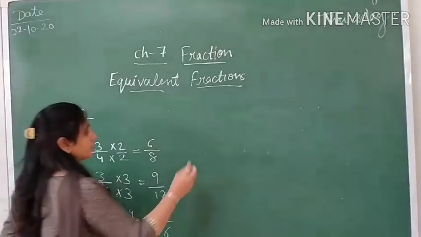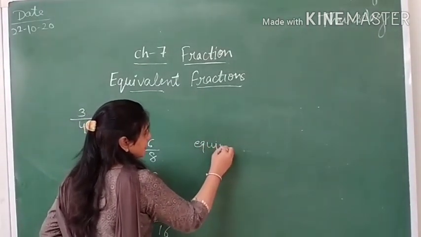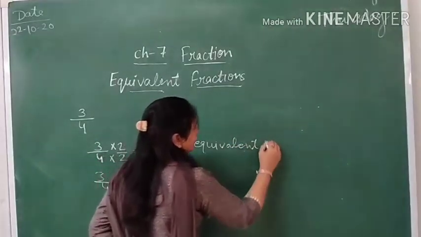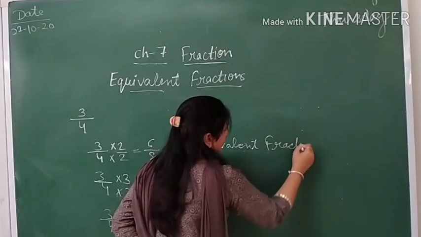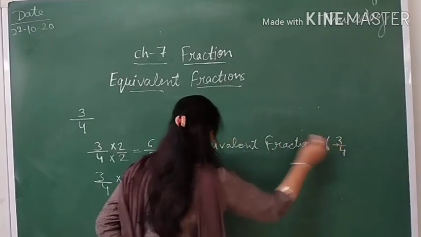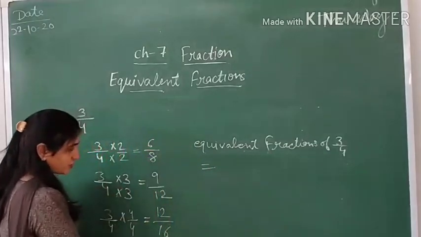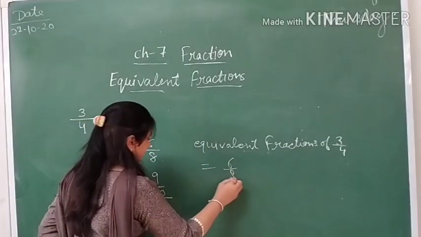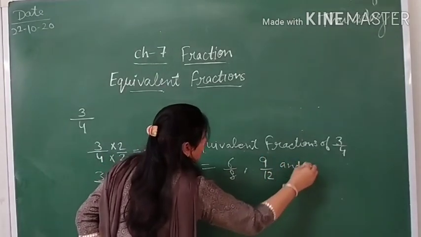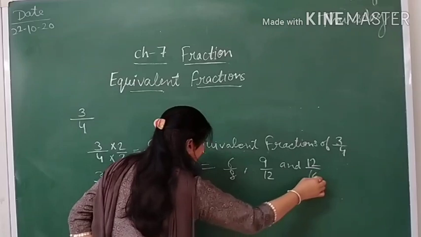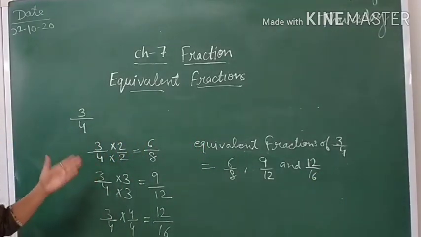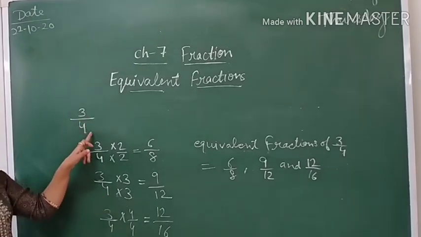So students, which equivalent fractions of 3 by 4 have we found? 6 by 8, 9 by 12 and 12 by 16. These are the first 3 equivalent fractions of 3 by 4.